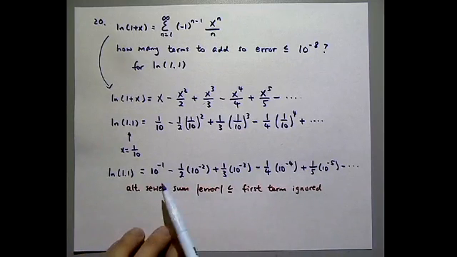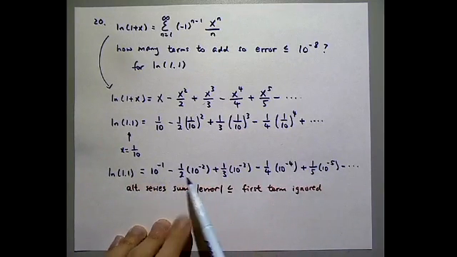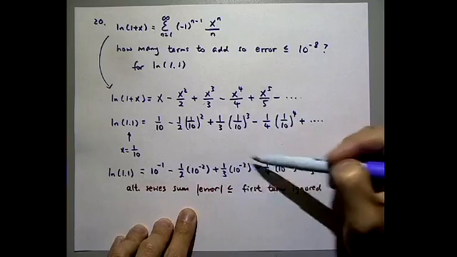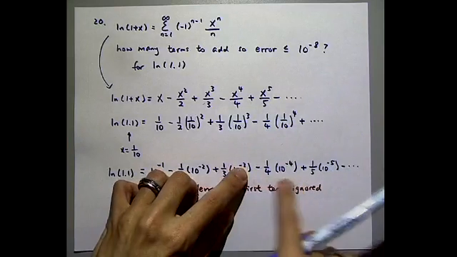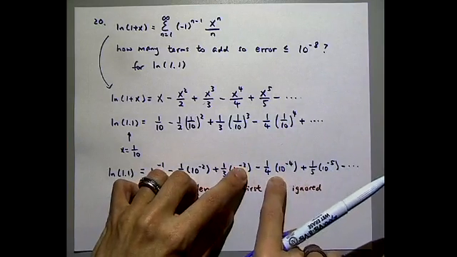In other words, if I use two terms to estimate natural log of 1.1, my error is no bigger than this. If I use three terms, my error is no bigger than the absolute value of that. Right?